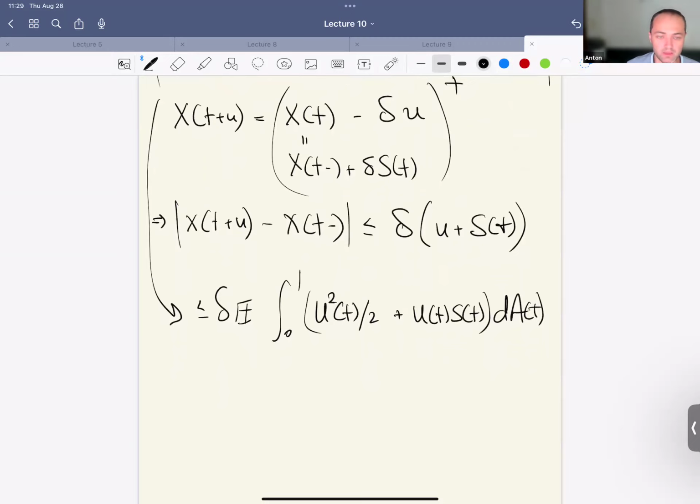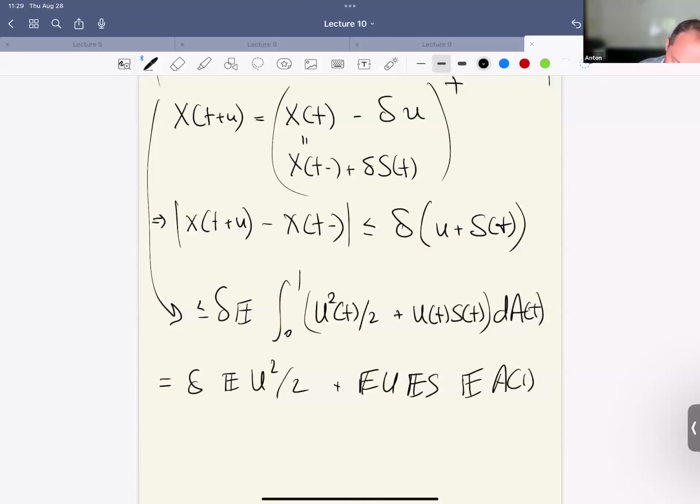And we're using this trick over and over again, that the inter-arrival time and the service time after the jump is independent of what happened before the jump. So I can write this as the expected value of u squared over 2 plus the expected value of u times the expected value of s, times the expected value of a of 1.